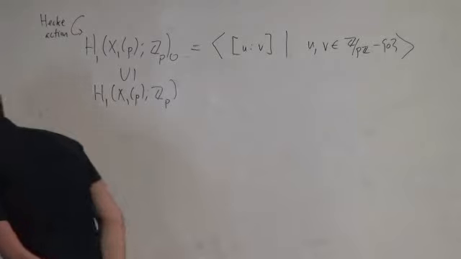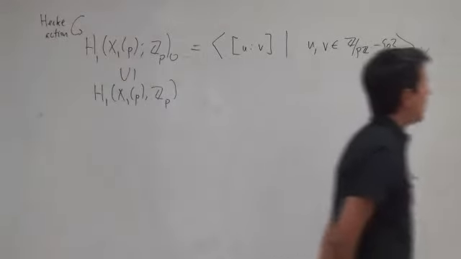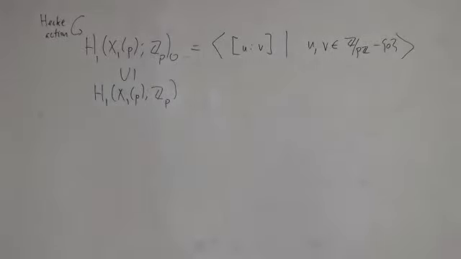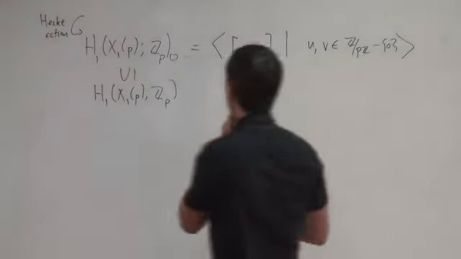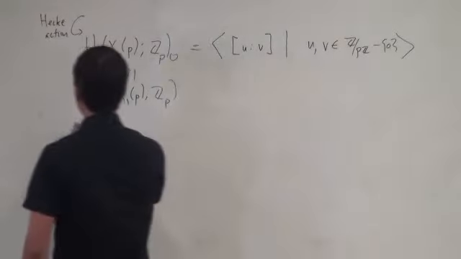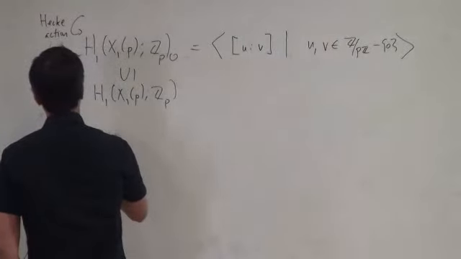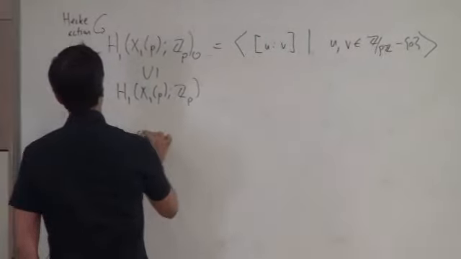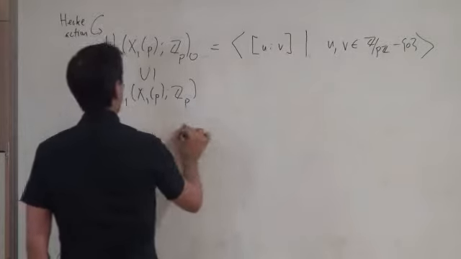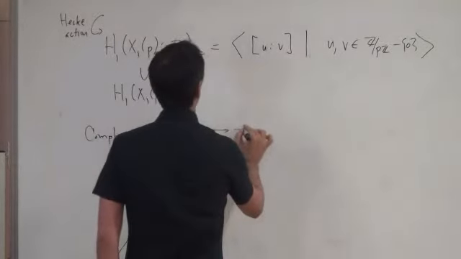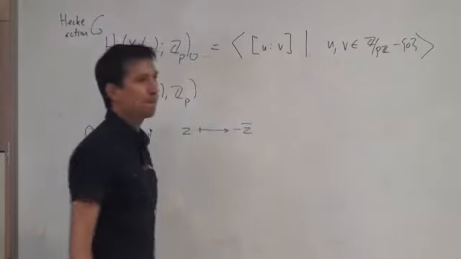Now I want to take not the whole of this group, but I also have complex conjugation here on the upper half plane, induced by z goes to minus z bar.